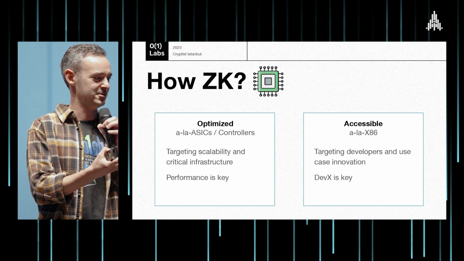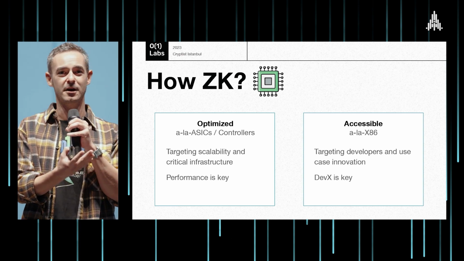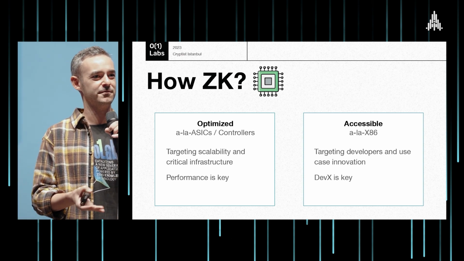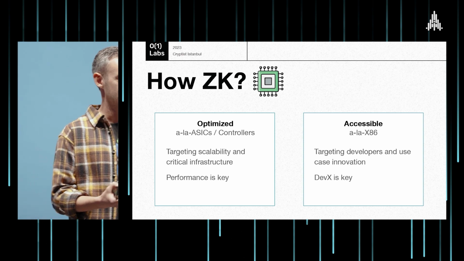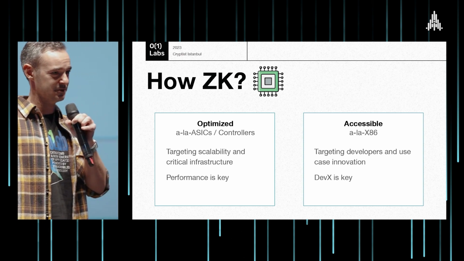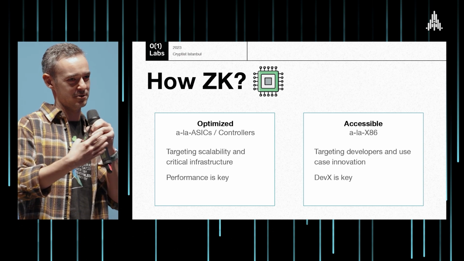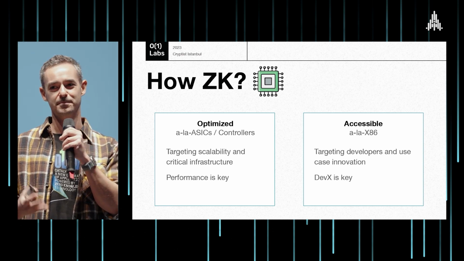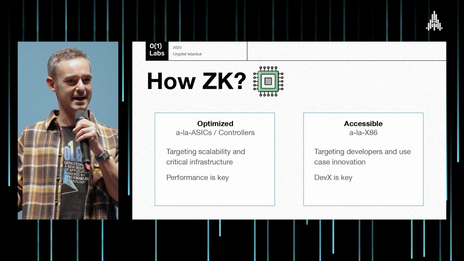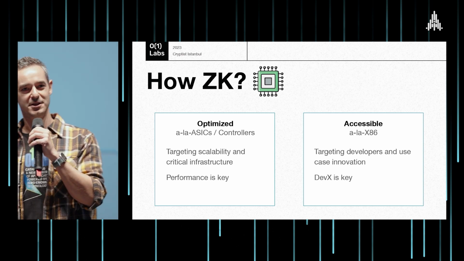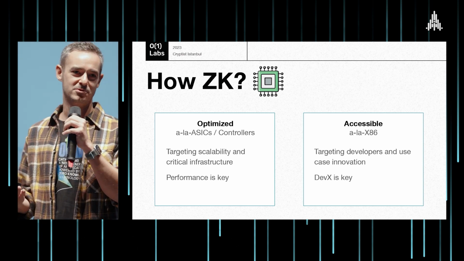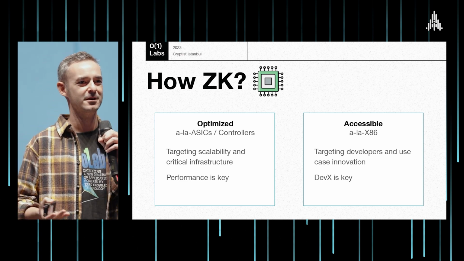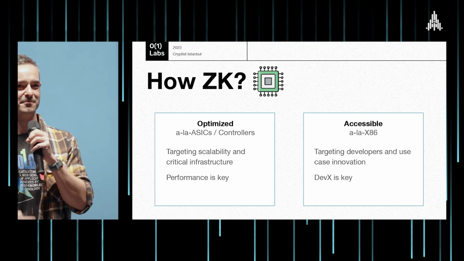This is something you see more in the rollup space, for example, where you're trying to optimize your proof system to be very specifically fast to verify on EVM chains. And then there are ones that are more focused on accessibility. This is similar to, again in the microprocessor space, an x86 architecture, which allowed many application developers to start accessing the powers of the microprocessor. And here is where developer experience really is important. You don't want to, as I was saying earlier, force people to have to learn elliptic curves and finite field arithmetic.